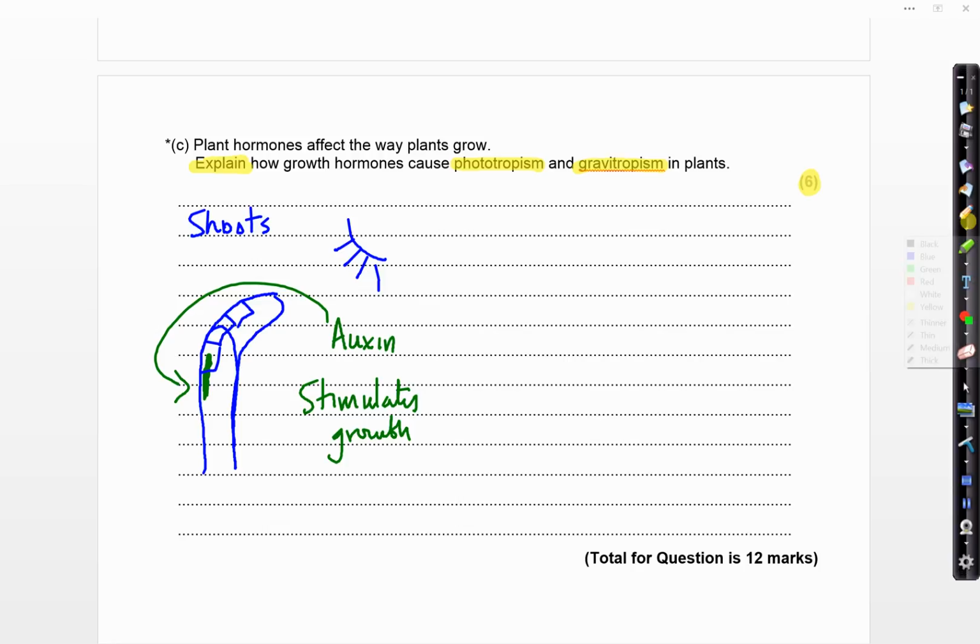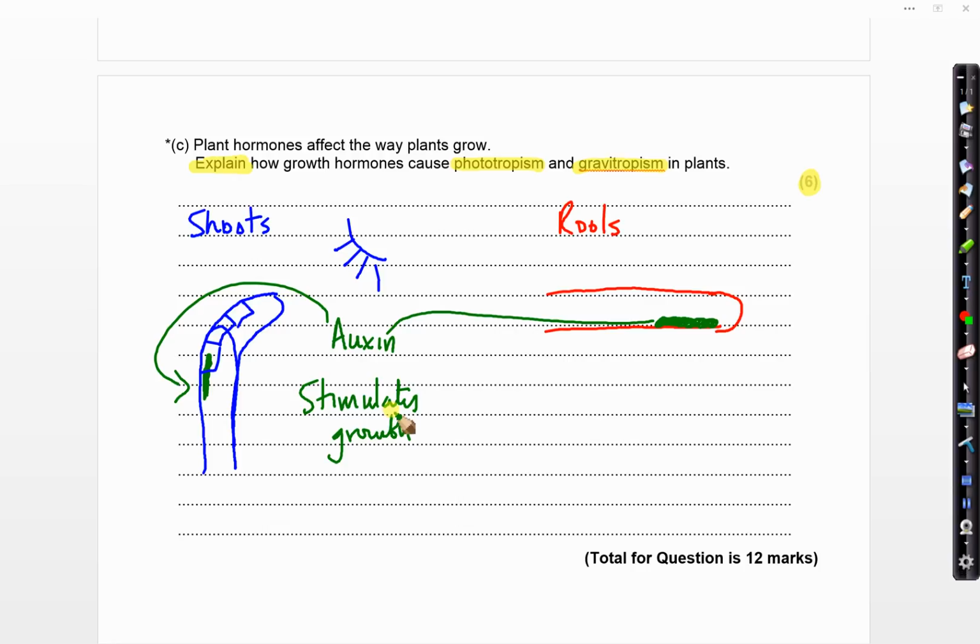If we compare that to what happens in roots, we've got a somewhat different story. So in roots we've got gravitropism. So here's my root, and this time the auxin is accumulating on the underside, so gravity causes the auxin to sink to this side of the root.